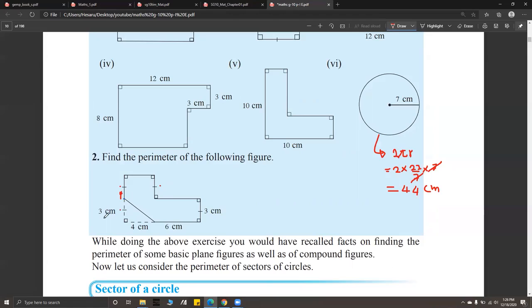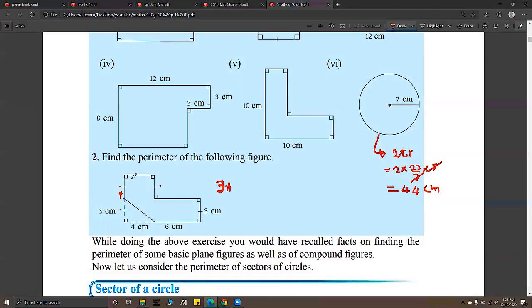So you can sum up the members' lengths. Just write 3 plus 4 plus 3 plus 6 plus 3 and again 6.